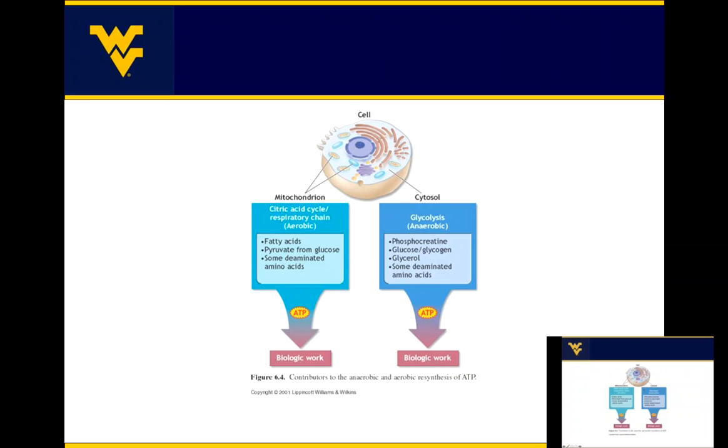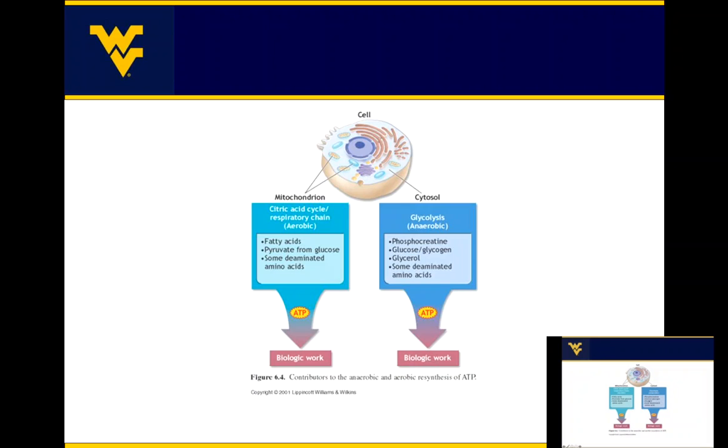And so the easiest way to keep this simple is anything that I have talked about or will talk about in an anaerobic context, or in processes that are giving you ATP without the need of oxygen, they take place in the cytosol. Any of the processes that require oxygen to allow ATP to be formed, that takes place in the mitochondria. So we've already talked about our high energy phosphates. We're going to talk about glucose and its storage form, which is glycogen.